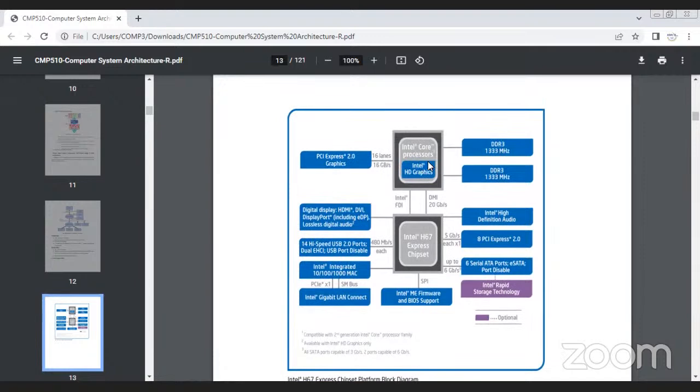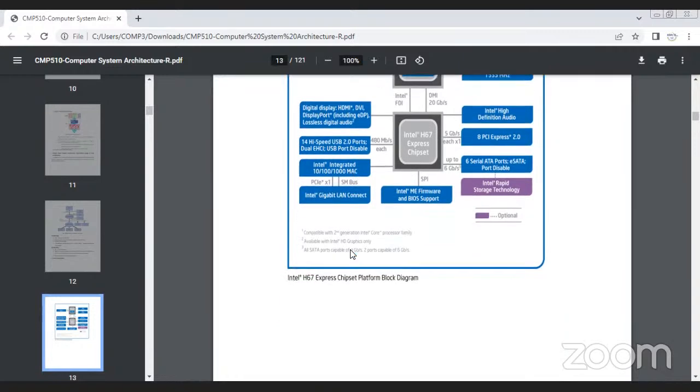Here is an Intel Core processor, which contains DDR3, PCI Express, digital display, Intel High Definition Audio, 8 PCI Express, 14 high speed USB 2.0 ports, Intel integrated 10/100/1000 MAC, Intel Gigabit LAN connect, Intel Rapid Storage Technology. This is the basic block diagram of a chipset, Intel H67.